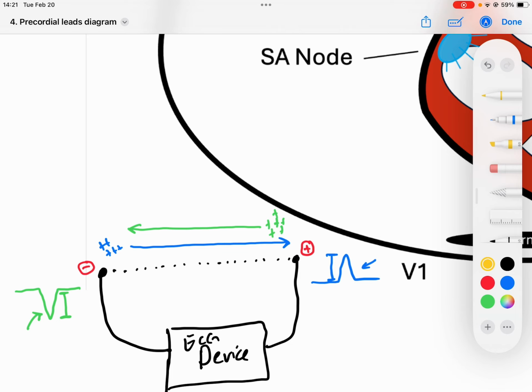Now also remember that if you have positive forces that are moving perpendicular to the lead that's created, you'll get what we call something that is isoelectric. In other words, it is equally positive and negative because it is not going more toward or away from either of the electrodes. So that will be more of a perpendicular waveform.